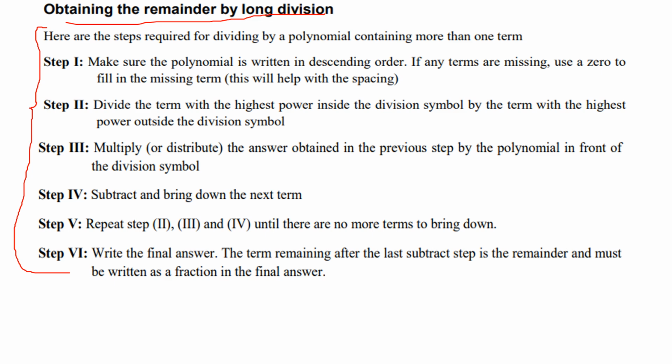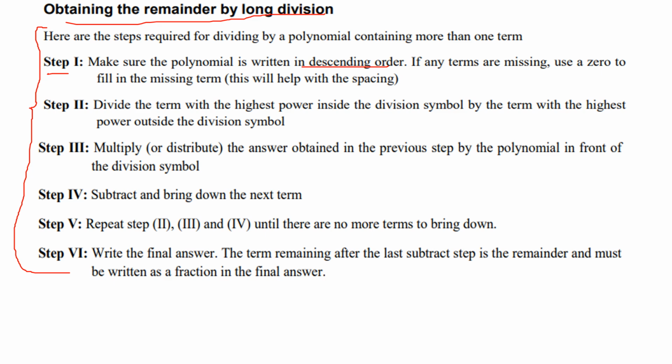If you look at the steps, step 1 is telling you that you must make sure the polynomial is written in descending order, and that means that you start with the highest power of x whenever you are arranging your polynomial.